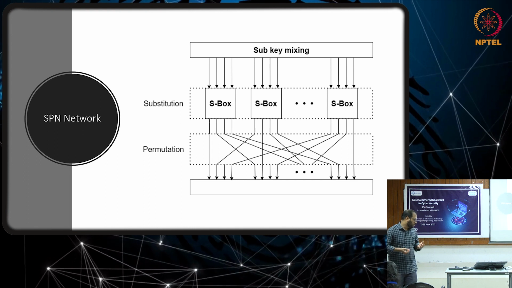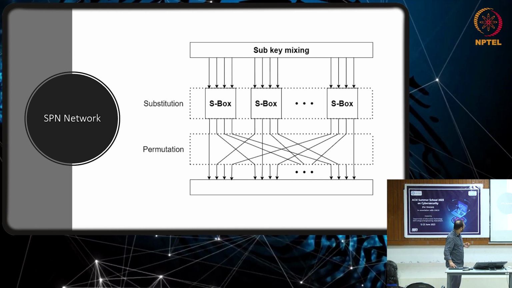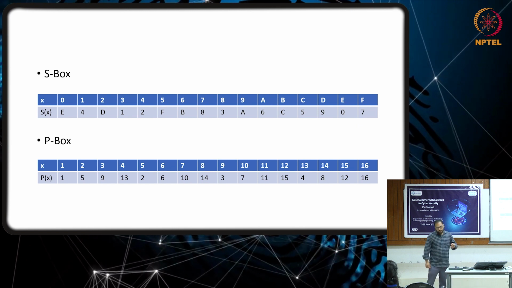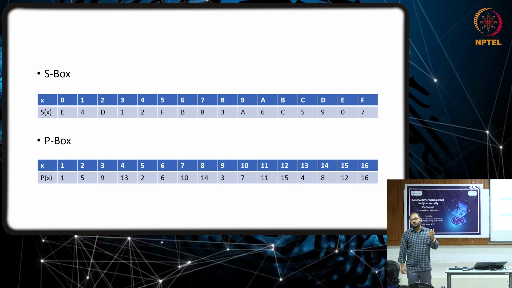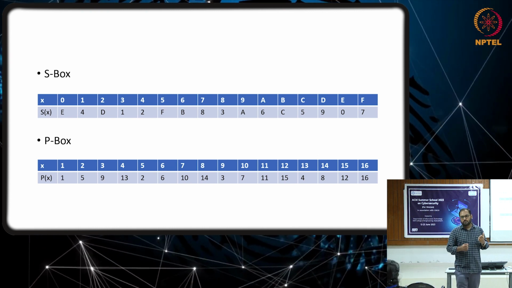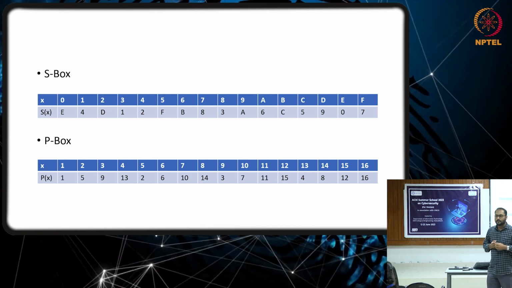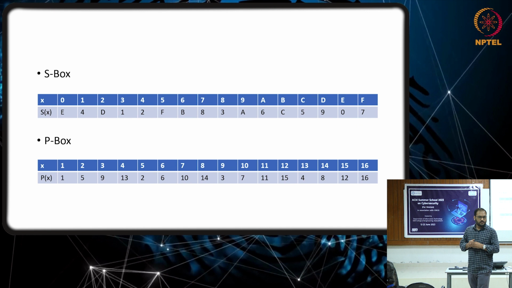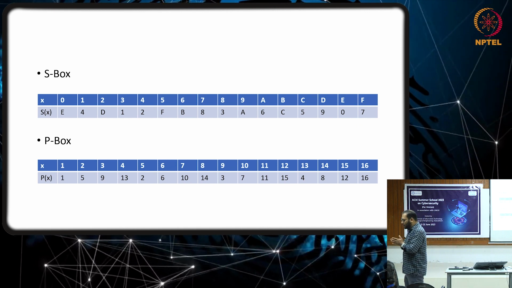So let's say I have an S box table here. If the input to the S box was 0000, as per this table, can you tell me what the output of that S box is?